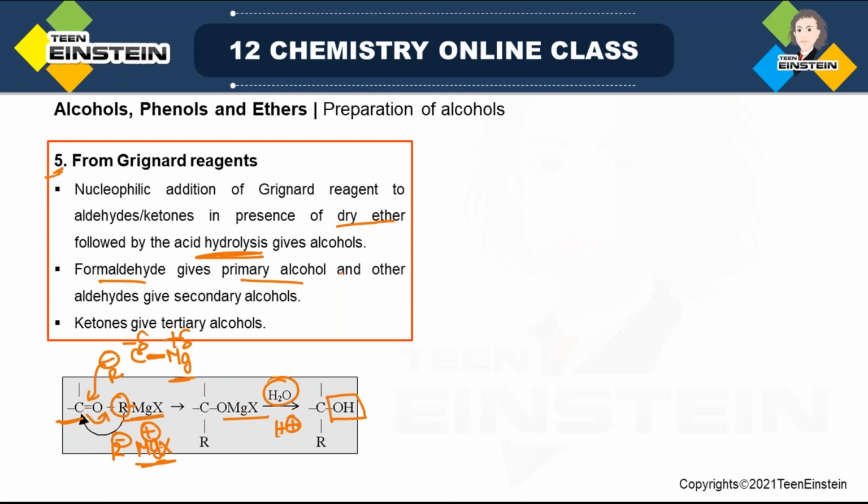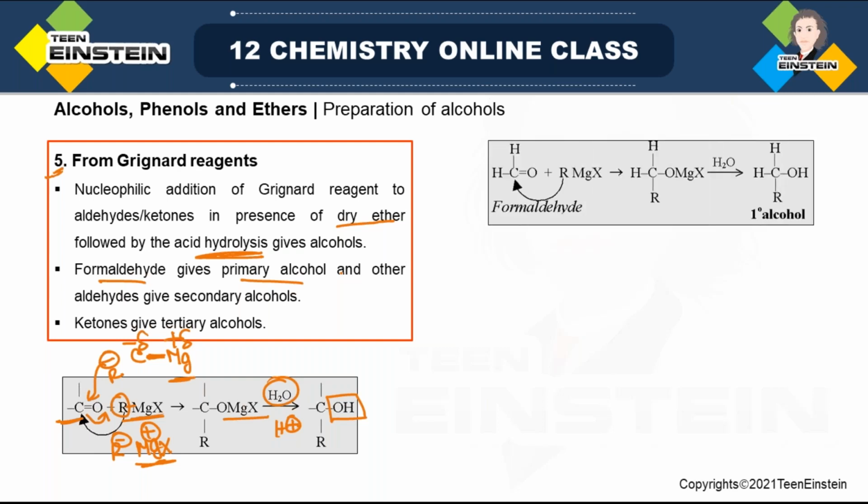Other aldehydes will give secondary alcohols. So here we have formaldehyde. In formaldehyde, both sides there is hydrogen, and when R is attached, the carbon has 2 hydrogens and 1 R. That means the carbon with which oxygen is attached is attached to only 1 carbon. So it is a 1 degree alcohol.